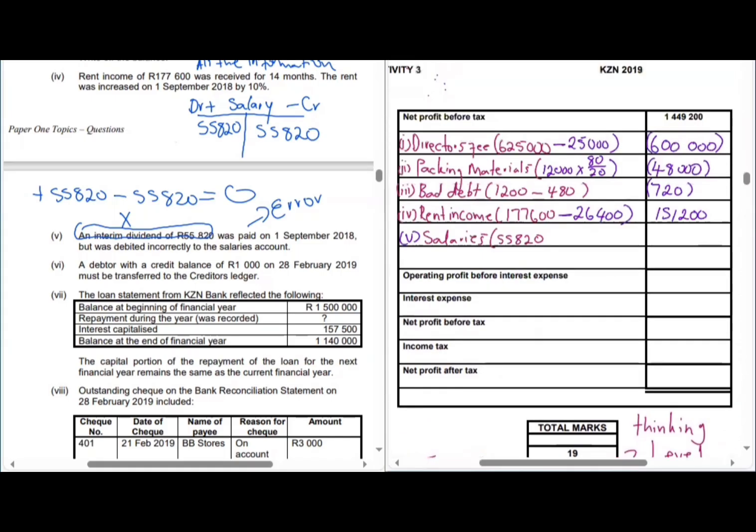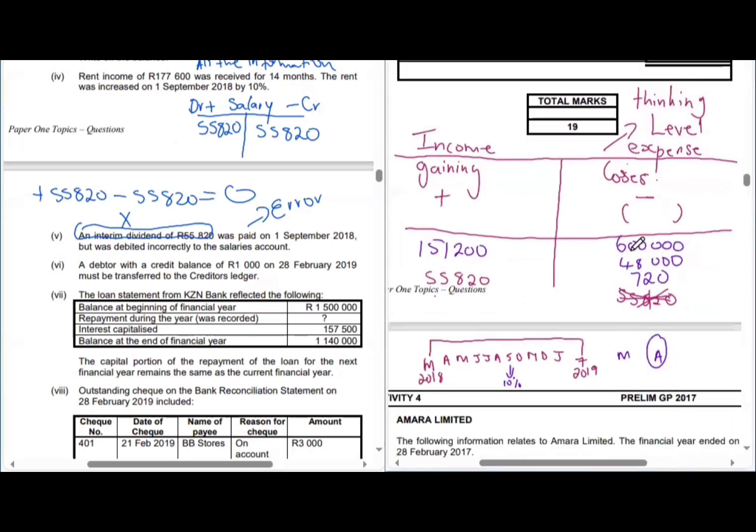So basically, 55,820 will be recorded like this, and it's going to be illustrated as income. Because of the error, it was recorded as an expense, and we did not have any salaries that we had to pay during that financial year. So how are we going to scratch this? We just go to the incomes, 55,820, subtract this, and we are left with 0.